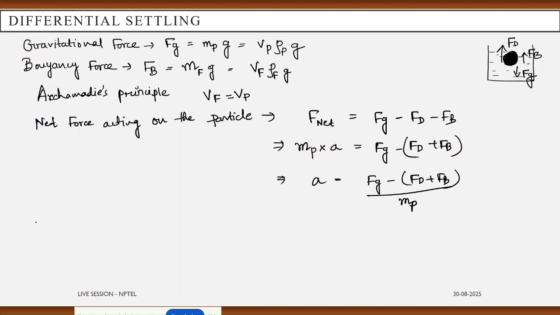So when we are talking about the terminal settling velocity, where this acceleration term becomes 0 and v becomes vt, it is represented like that.